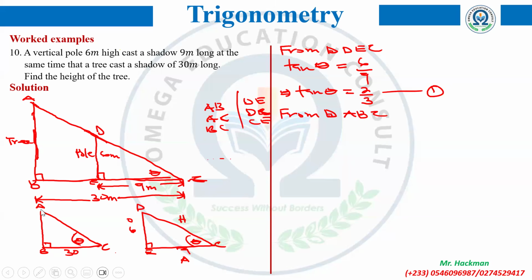The ratio must involve AB and maybe one other known, because remember, you don't form a ratio involving 2 unknowns. Form it so that it involves only 1 unknown. I'm looking for AB, which is the height of the tree. So in this triangle, any ratio that I pick should involve AB, what I'm looking for.